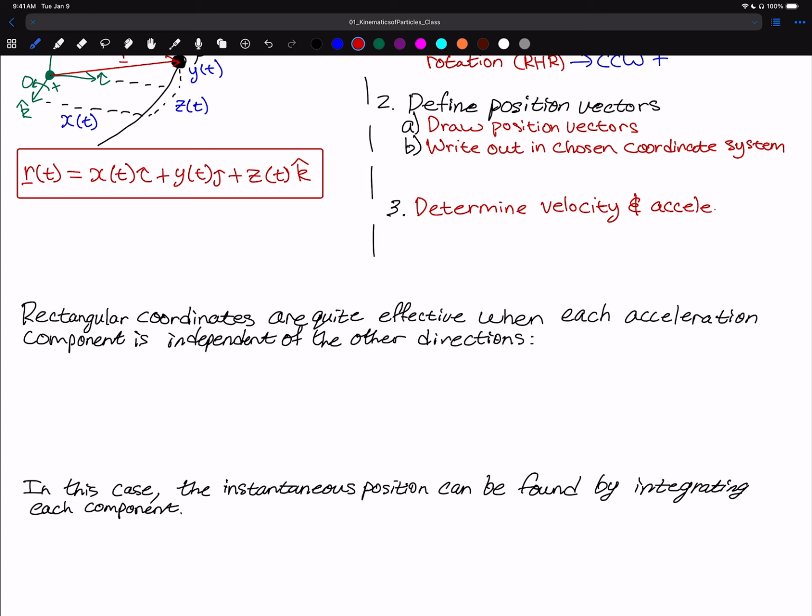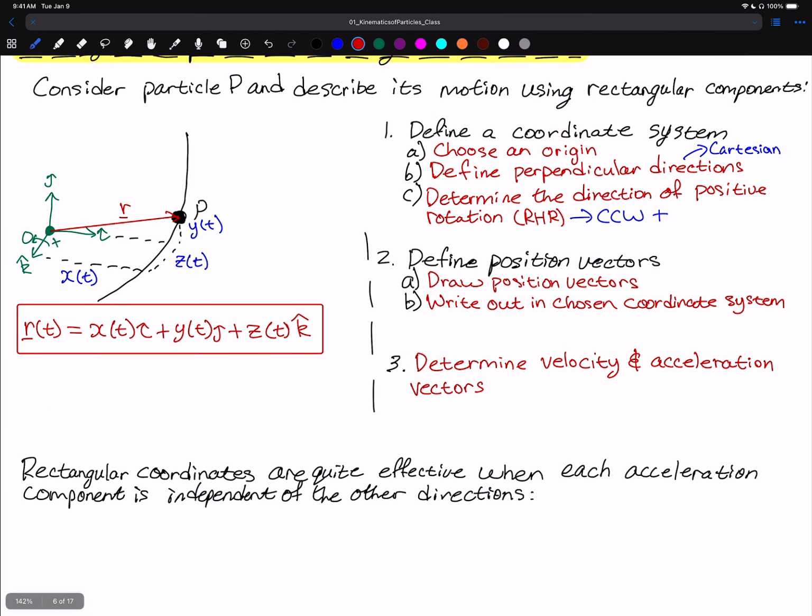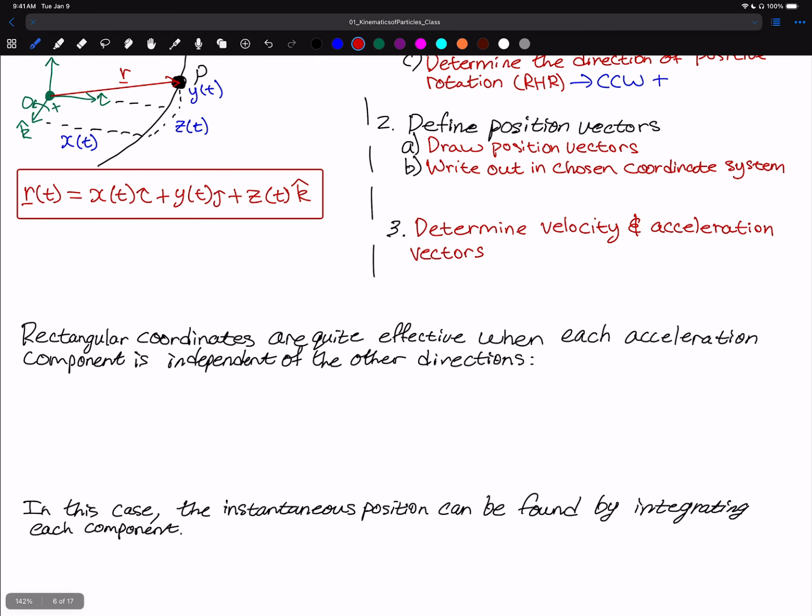And in order to determine the position vector, we need to have a coordinate system chosen. So this is why you cannot just rush ahead and try and guess what the velocity is. You need to systematically define a coordinate system, use that coordinate system to define position vectors, and then once you have your position vectors, compute the velocity and acceleration vectors.